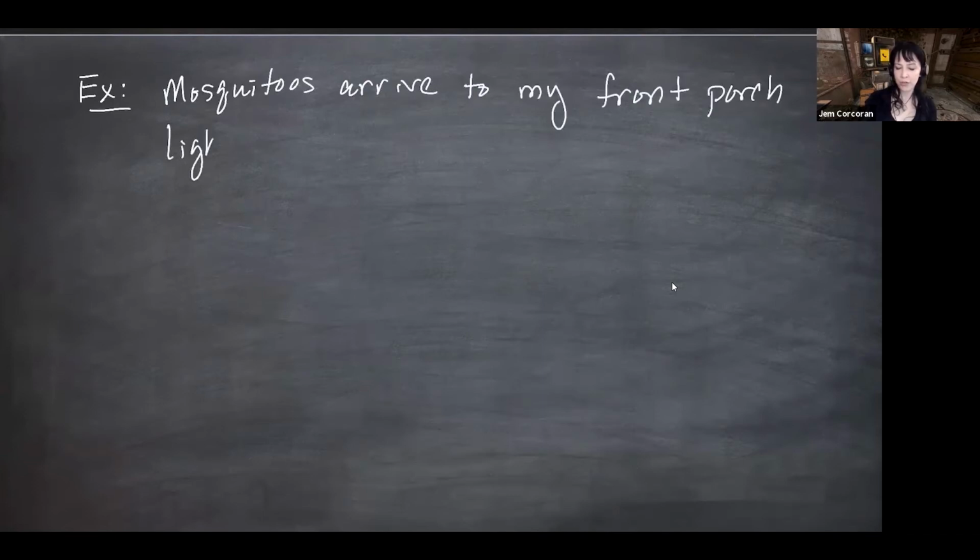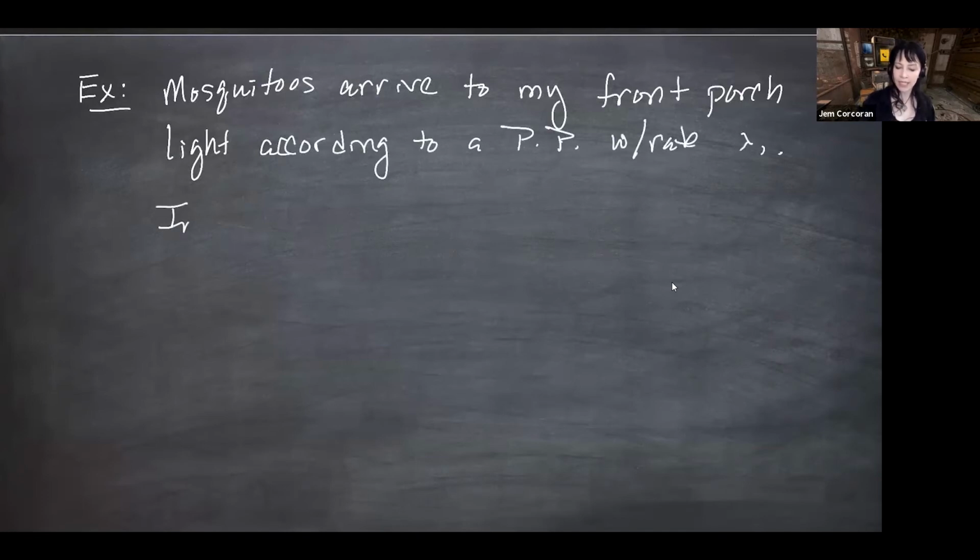So mosquitoes arrive to my front porch light according to a Poisson process. I wanted to make this seem realistic by giving an actual rate, but I think it's less clear what is what if I plug in numbers, whereas if I keep the parameters, everything's good. So mosquitoes arrive to my front porch light according to a Poisson process with some rate lambda 1.